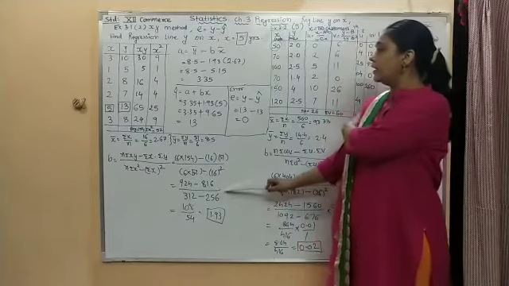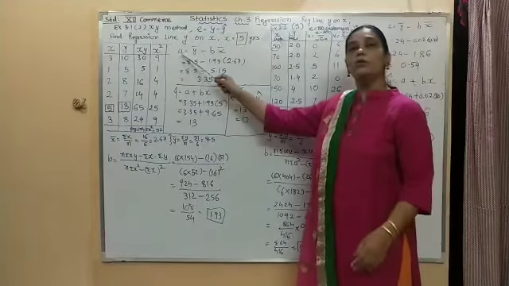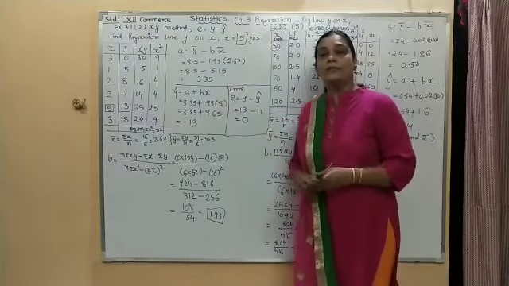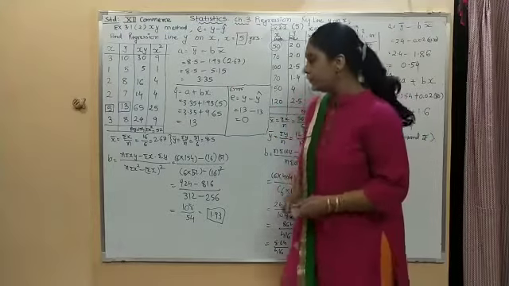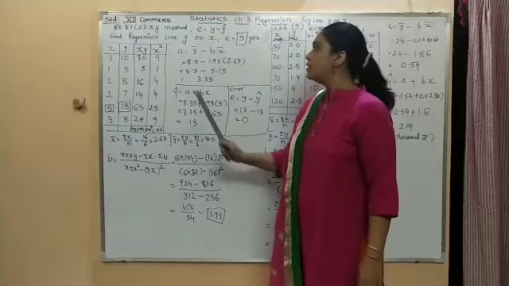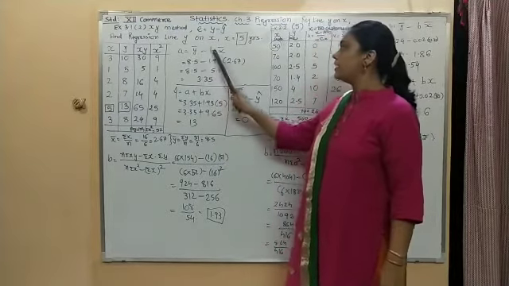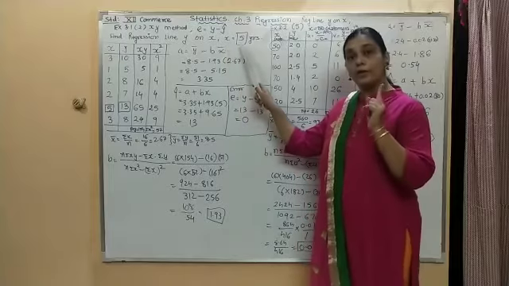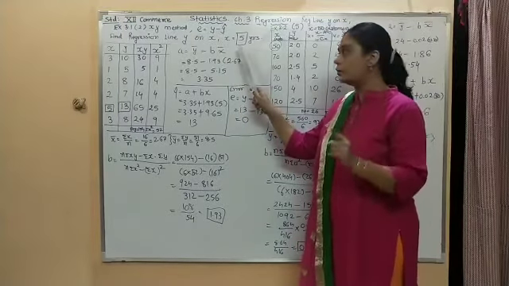Now I am going to find out what is A. You know that the regression chapter is divided into three parts. First B, A and Y cap. So A is equal to y bar minus B x bar. This you have to remember. You have to write it in your notebook.